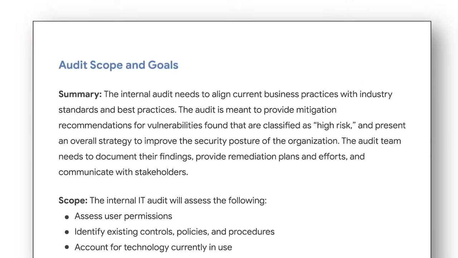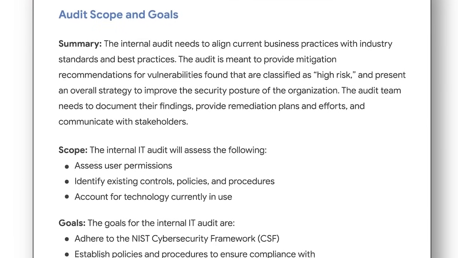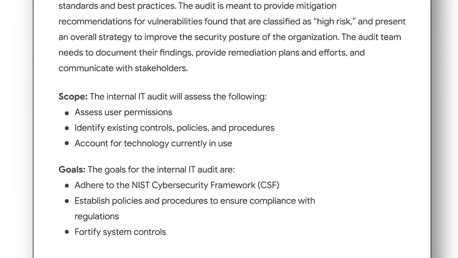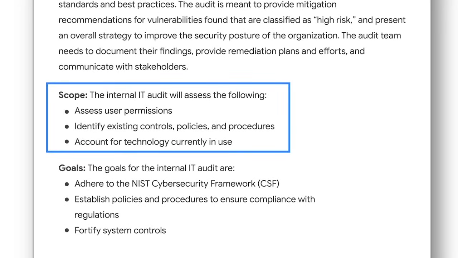As an example, the scope of this audit involves assessing user permissions, identifying existing controls, policies, and procedures, and accounting for the technology currently in use by the organization.